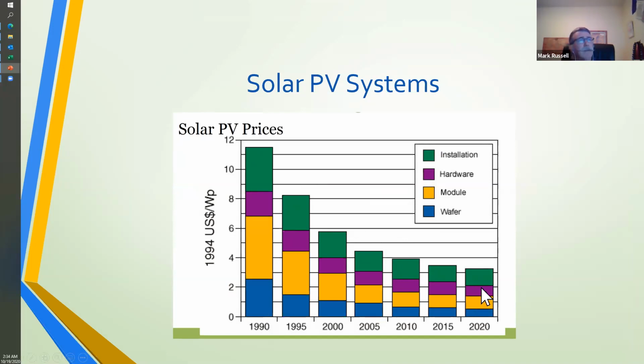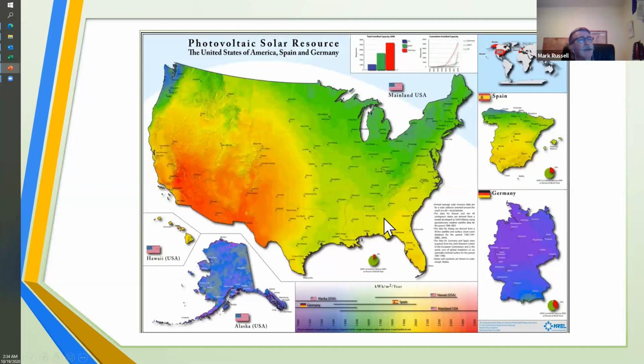And so it's getting a lot more reasonable for that. This is the photovoltaic. This looks at US, Alaska, Germany, Spain, and I had you guys look at Indonesia as your homework. And so the idea is you want to try to find what your kilowatt hours per meter squared per year is.